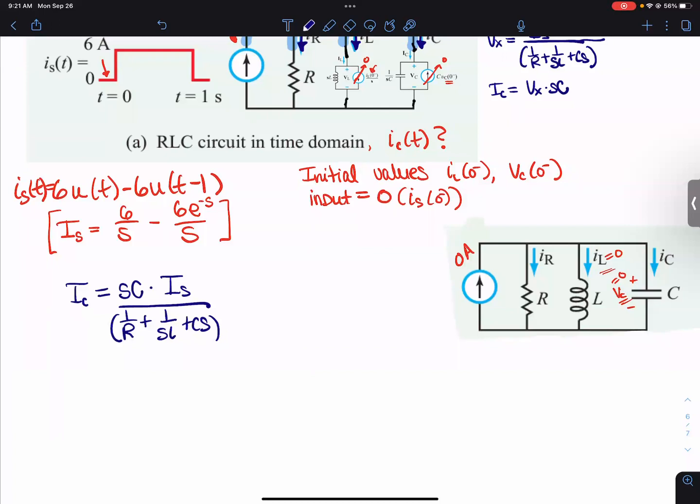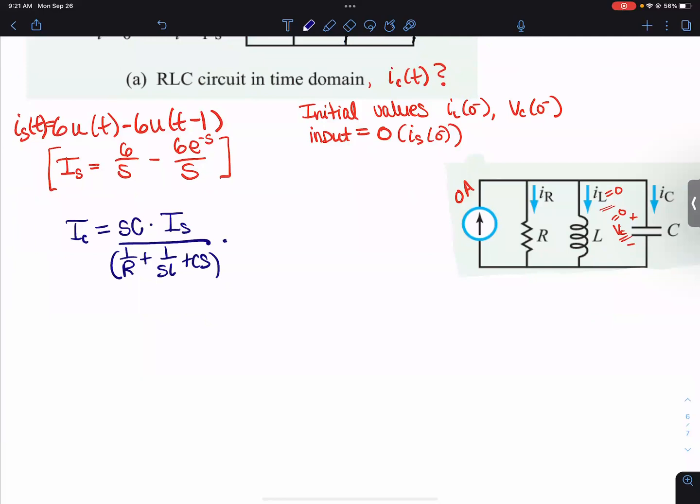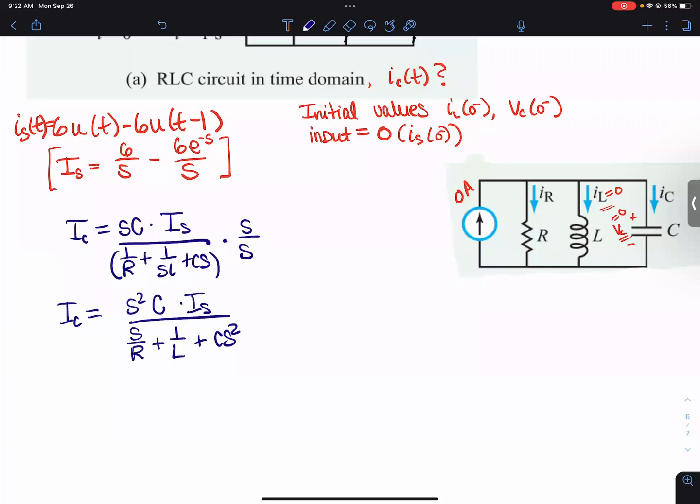Okay, so if I multiply the top and the bottom by S, now what? You can factor out a C out of the denominator.